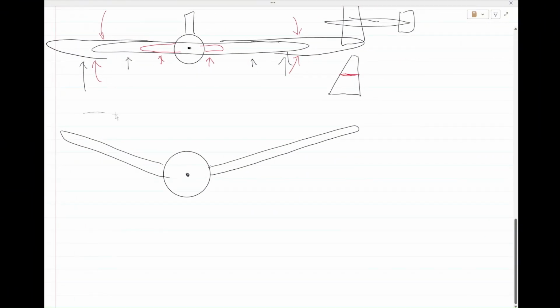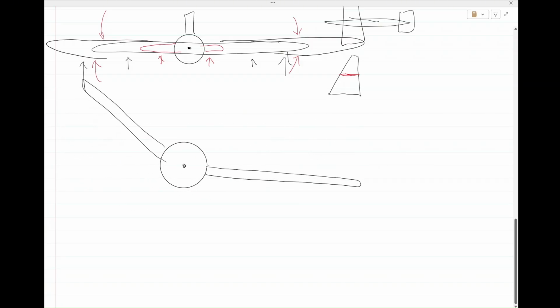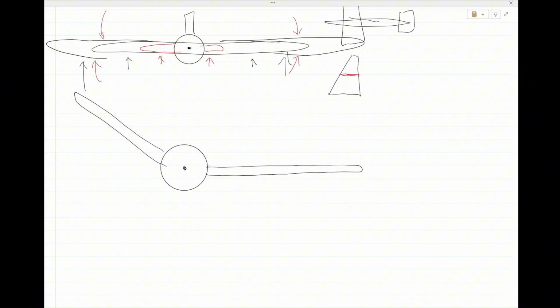What happens when a disturbance occurs, or let's say you roll to the right. Let's say we're looking at our aircraft from behind now. You roll to the right. Well, this right wing is seeing very good airflow. It's literally in line with the wind coming in. Obviously, that's not technically true.